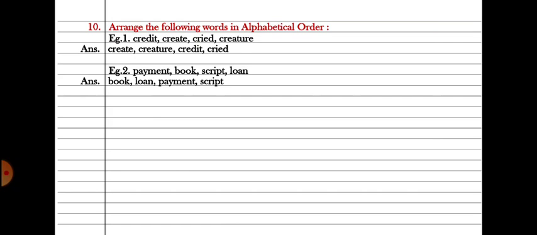So the second example is easier to solve in comparison to the first example. But since we are studying higher level English, it's my request to you to be prepared for both the types of questions, especially different examples pertaining to example 1.